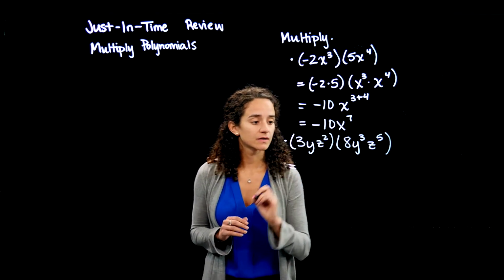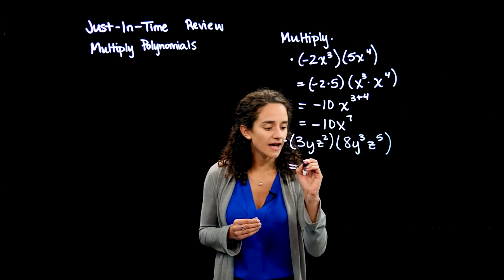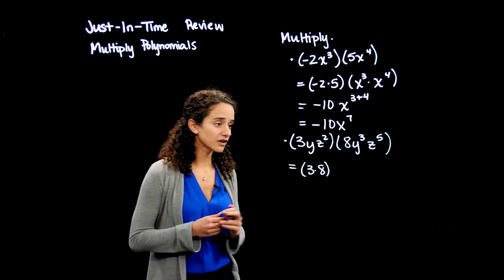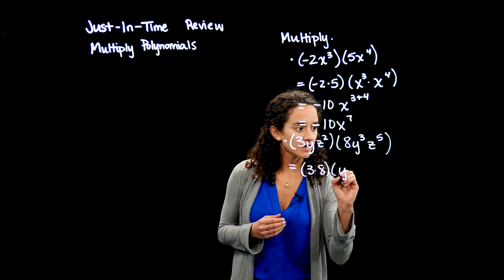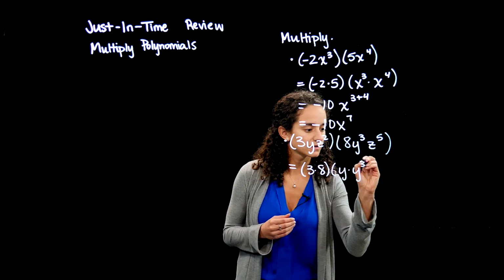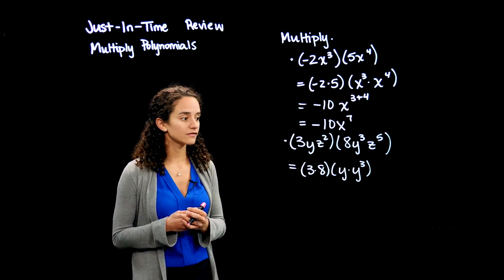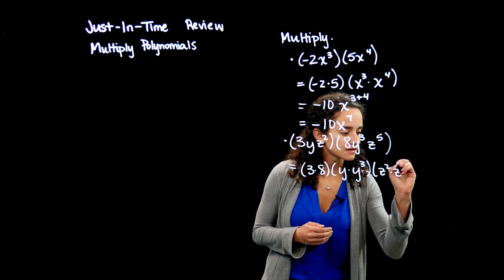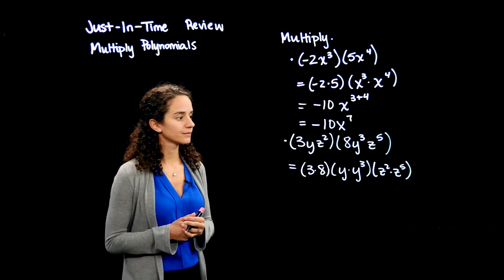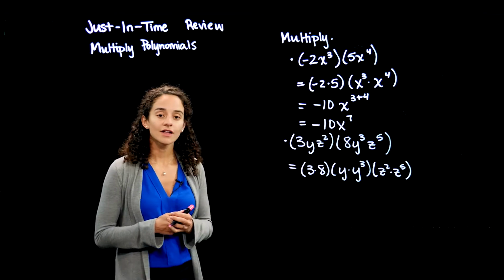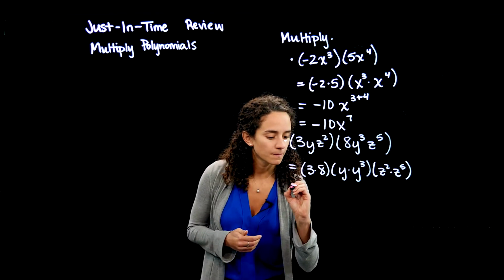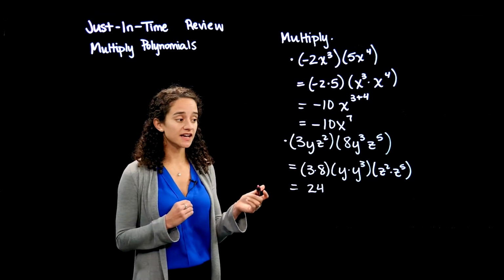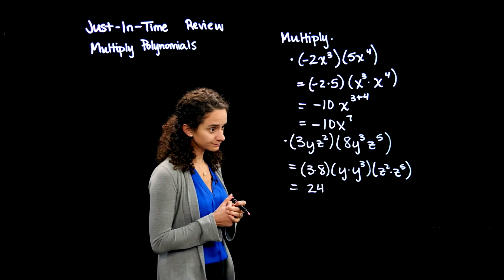And so the coefficients, we have 3 times 8. For the y variable, we have y times y cubed. And for the z variable, we have z squared times z to the 5 power. 3 times 8 is 24. And when we multiply variables with exponents, we add their exponents.